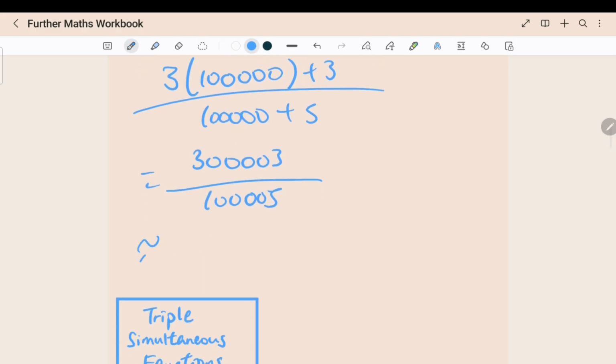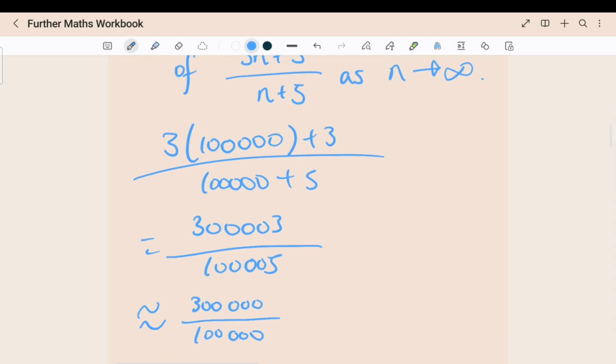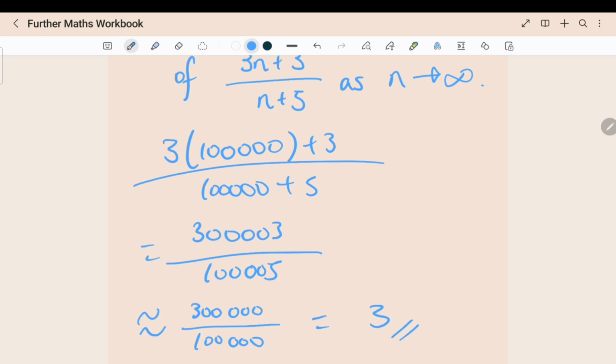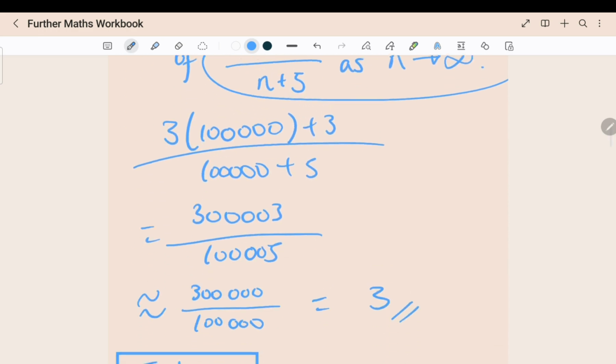And this is approximately equal to 300,000 over 100,000, which means as n approaches infinity, that little 3 and 5 will no longer matter because of how big things are getting. Therefore, this will give me precisely 3, which means this will have a limiting value of 3.